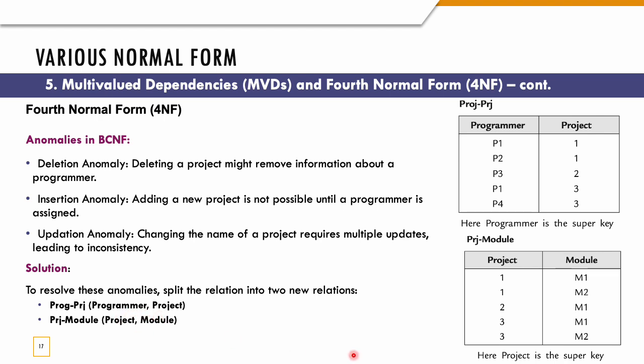By splitting the original relation into these two, each table independently handles its dependencies. Okay? The programmer-project relation allows us to manage programmers and project associations without worrying about modules, right?